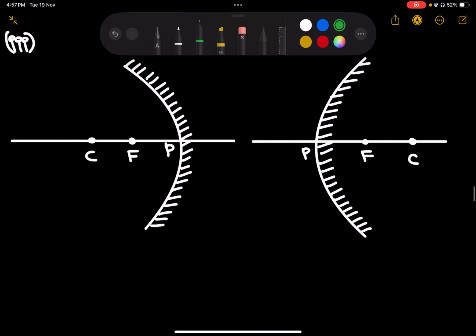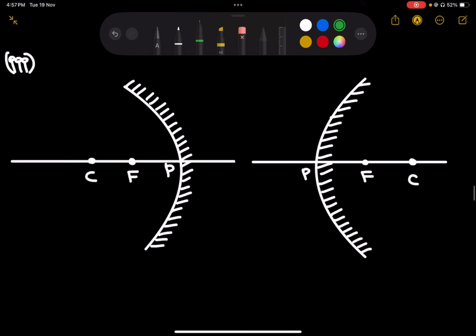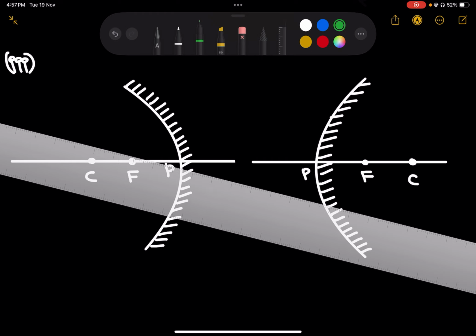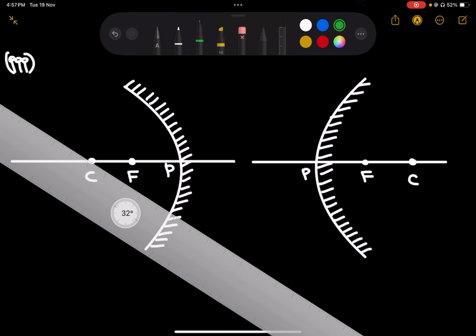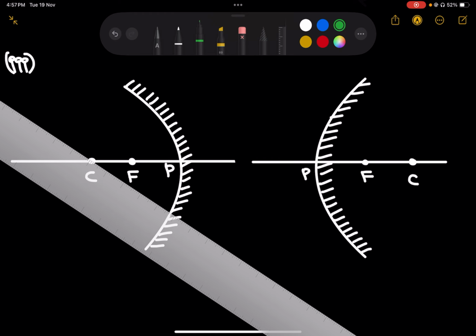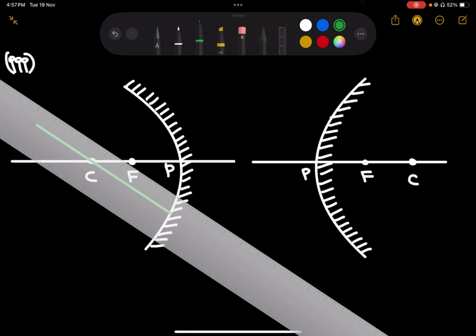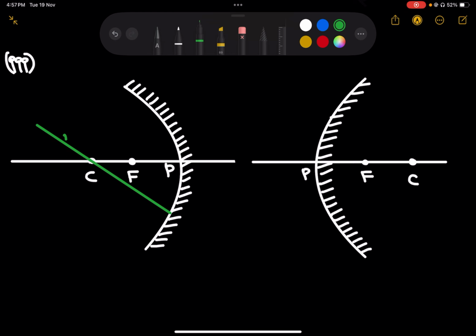Now the third one. The third one says that if a ray passes through the center of curvature like this, it will trace its path back. Okay, so that means if it goes like this, it will come back the same way. It will not deflect at all.